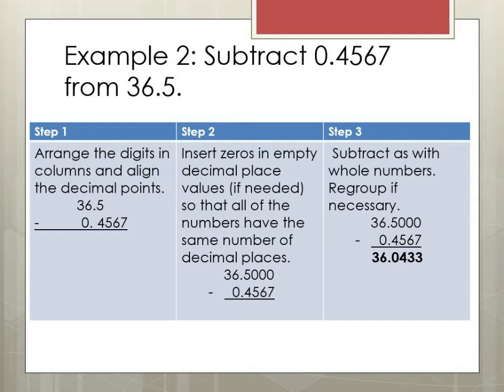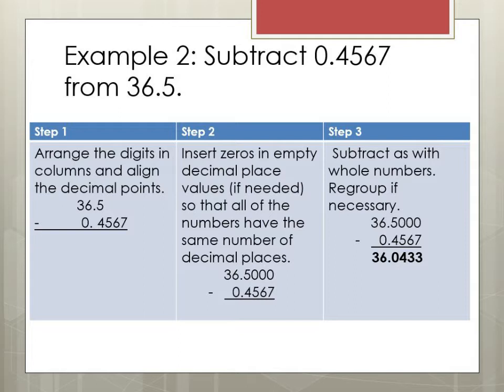Now, step 2. Insert zeros in empty decimal place values if needed, so that all of the numbers have the same number of decimal places. Since we only have 36.5, we need to add 3 more zeros, minus 0.4567.